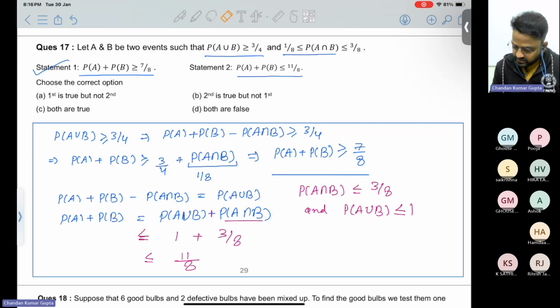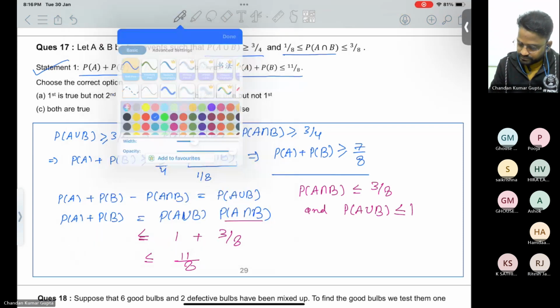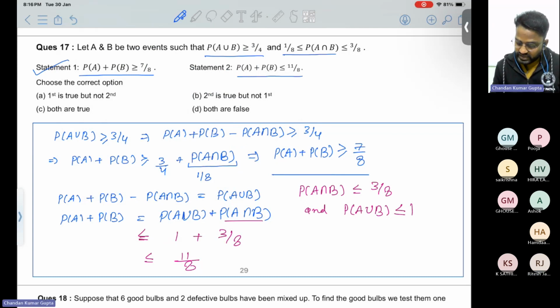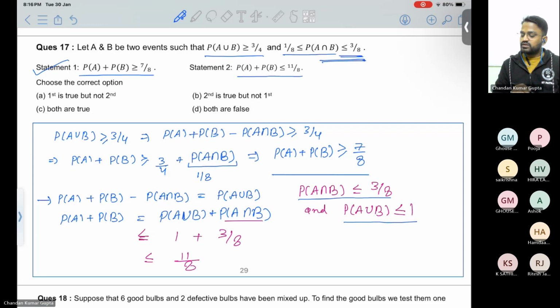Wait, let me. From here, again, let's see. Probability of A union B is like this. Okay. So probability of A plus probability of B equals probability of A union B plus probability of A intersection B. Now we consider the maximum value of this, because the maximum value of probability of A union B is 1, and the maximum value of probability of A intersection B is 3 by 8 as given in our question.